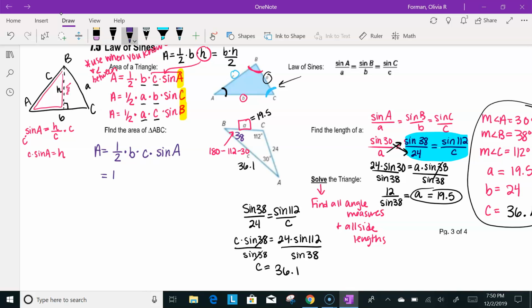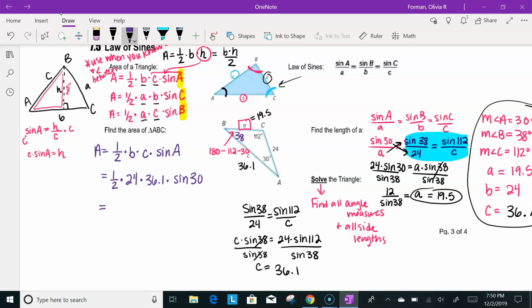So for that area, we take 1/2 times my side length of B, which is 24, my side length of C is 36.1, and my sine of A, well, A is 30. So we get 1/2 times 24 times 36.1 times sine of 30. So 0.5 times 24 times 36.1 times sine of 30.